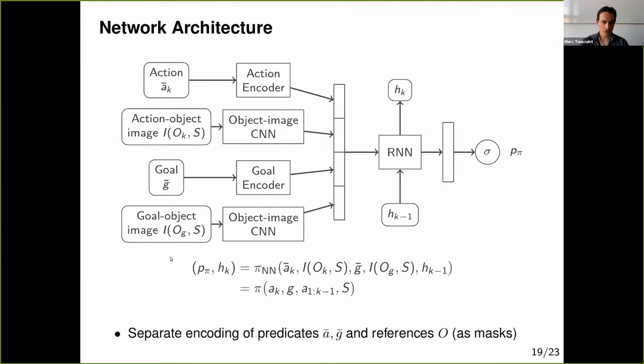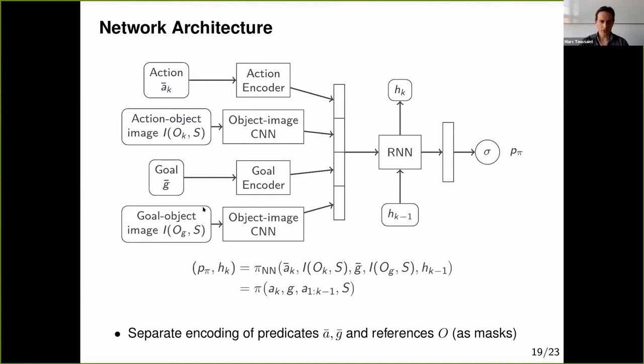The goal description is given by this part here, and the action sequence is given by this one here. Then the recurrent neural network for that action sequence outputs a discriminative value of how well that sequence is matching.